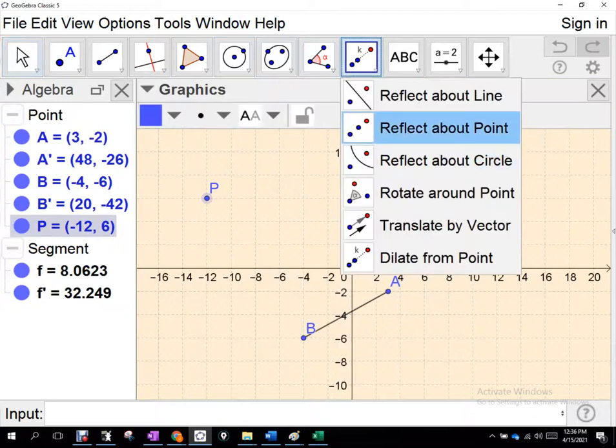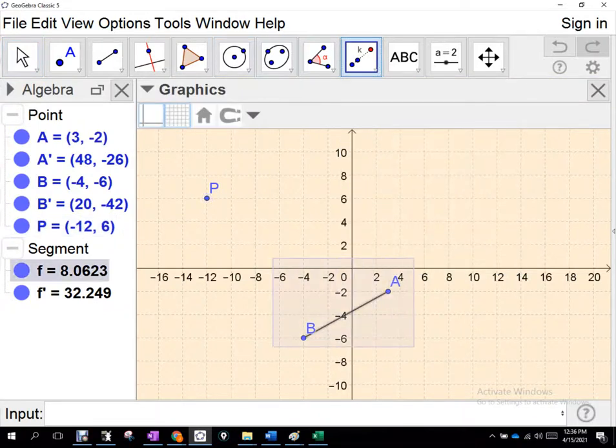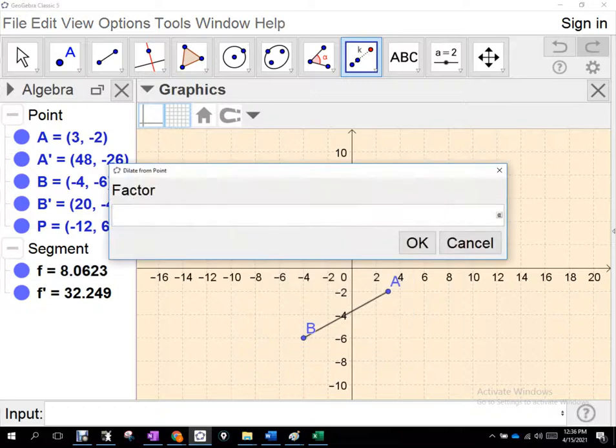Okay, and then when I click on point P, so let me go back. So I capture that, click on point P. When I clicked on point P, in the background there's an if-then command that says if the user selects AB, capture AB, then if the user clicks a point, capture that point, and now do the subtraction between B and that point P, and then do the subtraction with A and the point P, and record what those differences are.